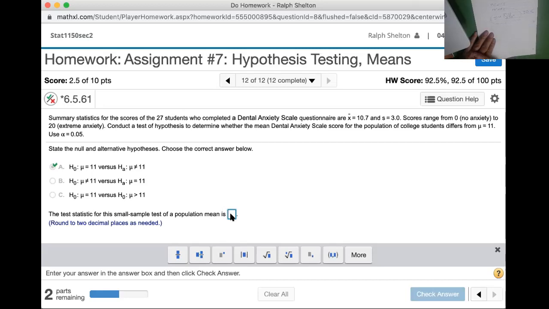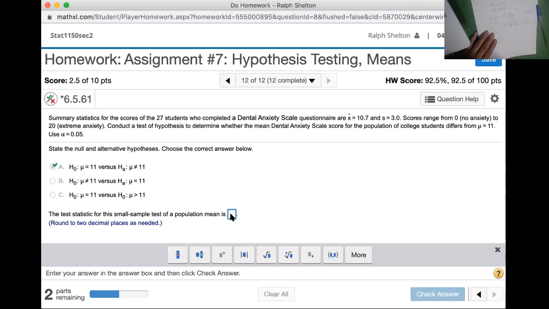The standard error is s over the square root of n. S was 3.0 and n was 27. So 3.0 over the square root of 27 is the standard error, and that goes in the denominator. That's one way we can do the test statistic.